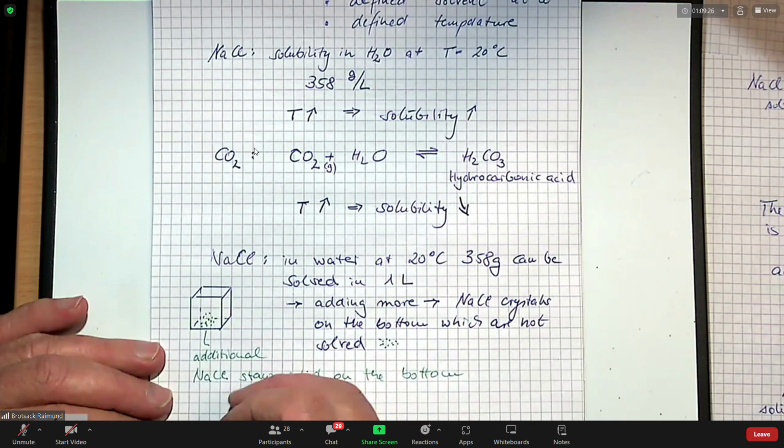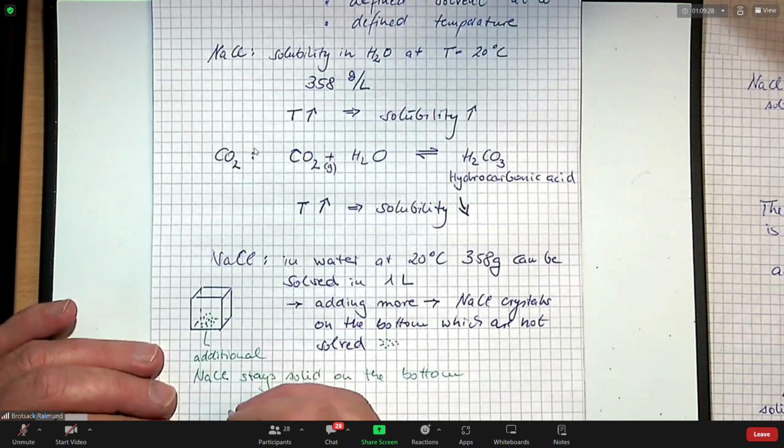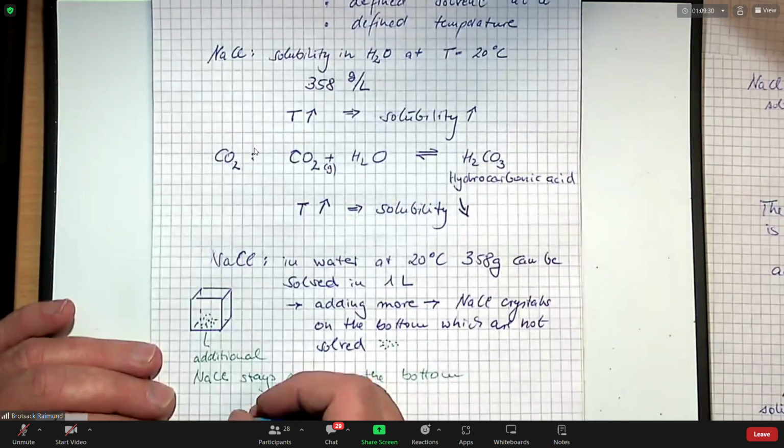So saturated means exactly the maximum which can be dissolved.